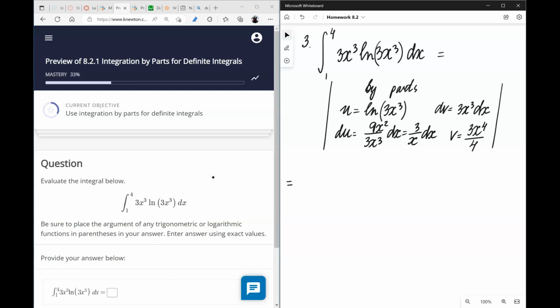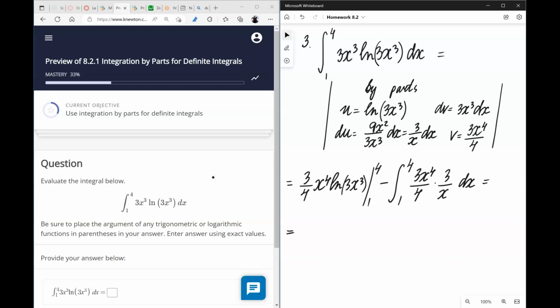So we have uv, so it's 3/4 x to the 4 ln of 3x cubed evaluated from 1 to 4 minus the integral from 1 to 4 of v, so 3x to the 4 over 4, du, which is 3 over x dx. And now we're going to start evaluating it.